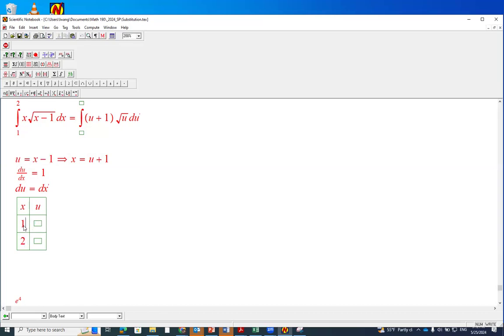When x equals 1, you can even bring this relationship here, really, okay? And what it does is that if x equals 1, you just substitute 1 minus 1 is 0. When x equals 2, 2 minus 1 is 1. So the interval changed from 1 to 2 to 0 to 1.